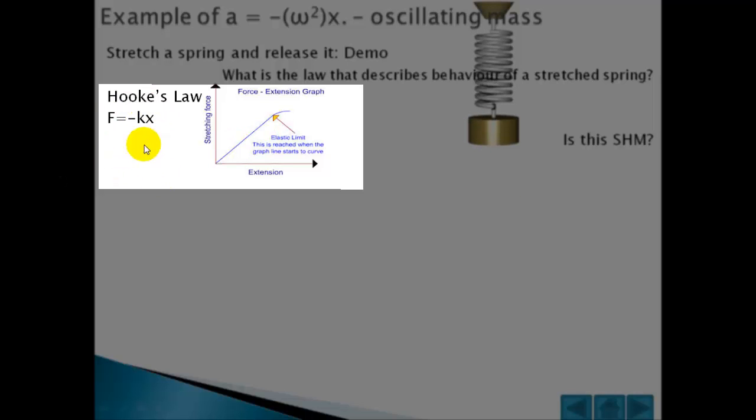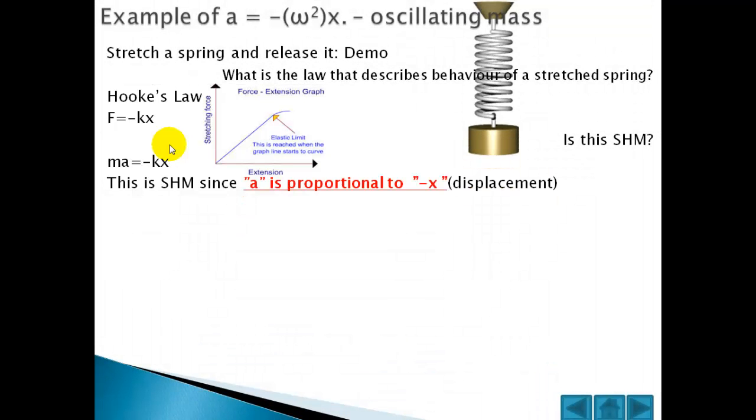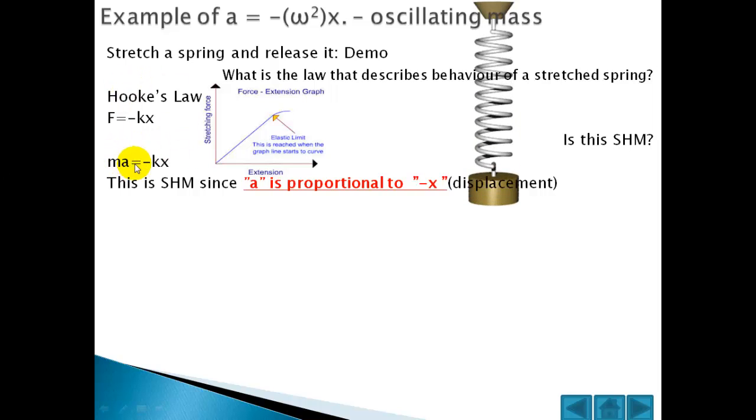Is this equivalent to this? Well, you know that F is equal to ma. So we rearrange a little bit. Since we know that a is proportional to x, this will also be simple harmonic. So this is simple harmonic motion because the a is proportional to the negative x, the displacement.